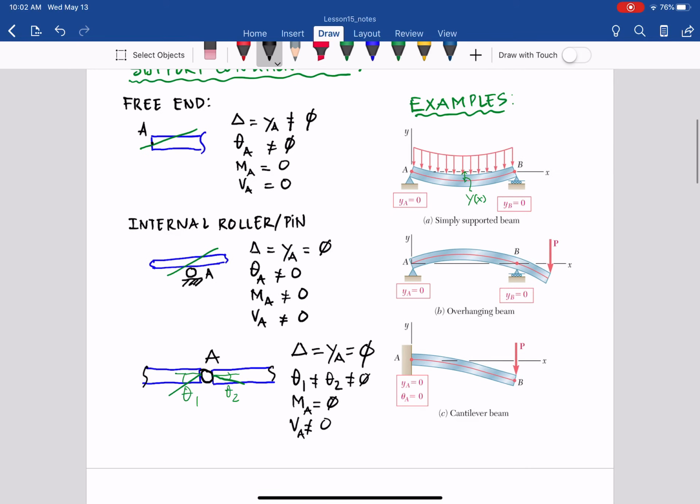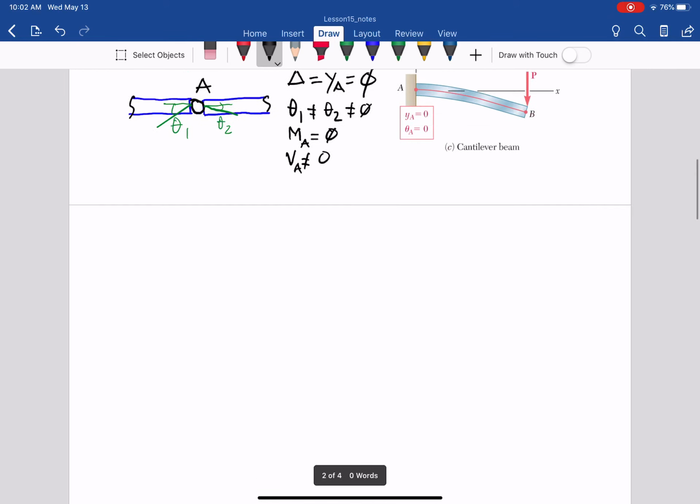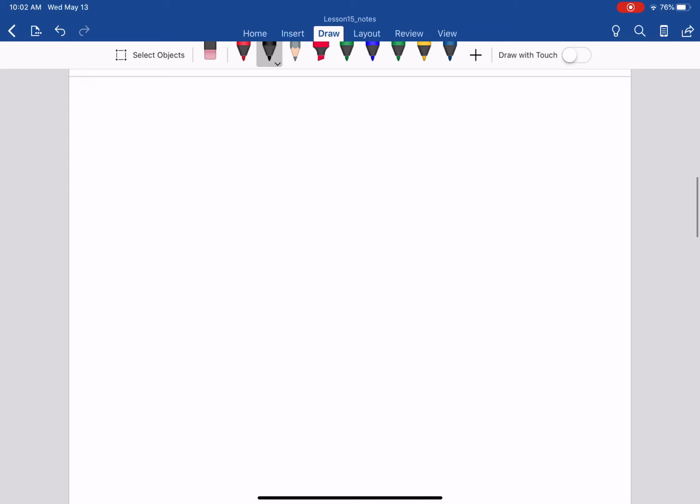So let's move on to more application of the math to find the relationship between the moment and curvature.